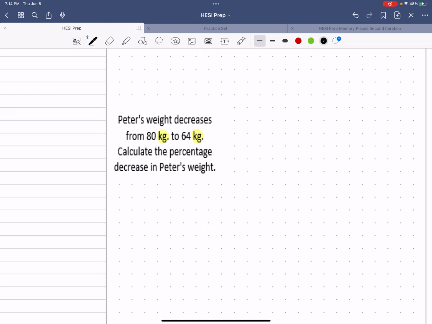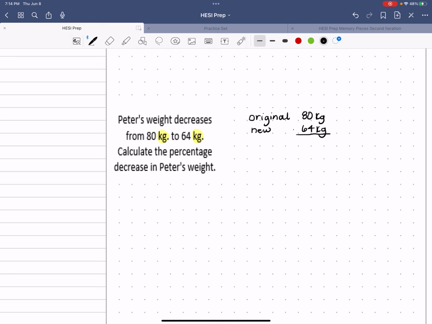They do, but you always want to check that. So maybe when Peter came into the hospital, he weighed 80 kilograms. And when he was released from the hospital, his new weight was 64 kilograms.